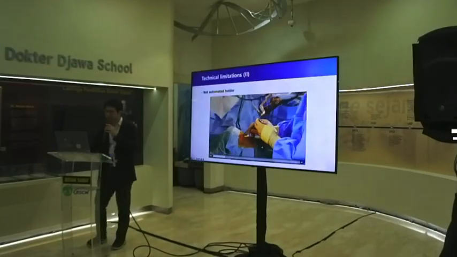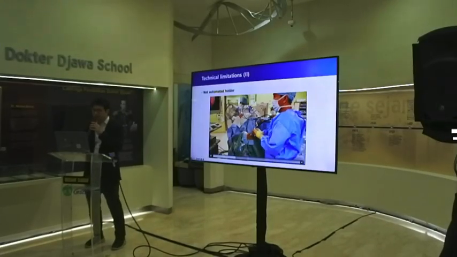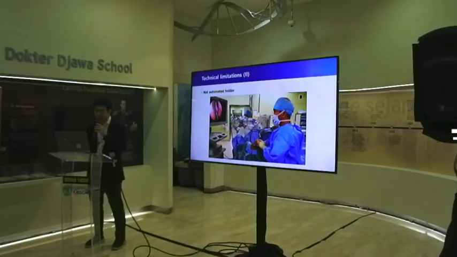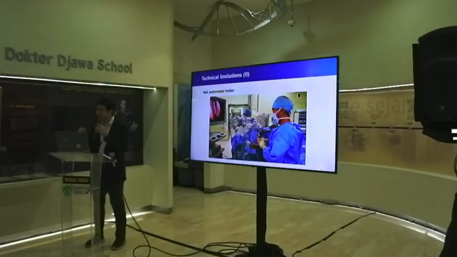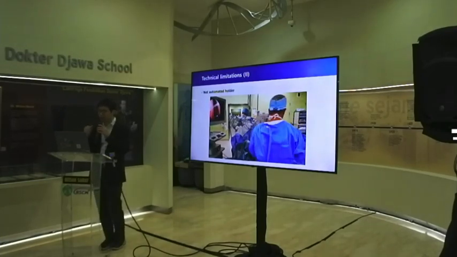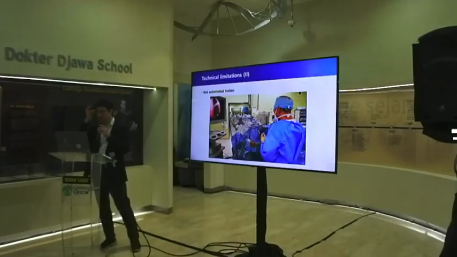Another limitation is the lack of an automated holder for the endoscope, meaning an assistant who holds the endoscope must manually hold it through the procedure. That's one kind of limitation. For microscope surgery, a surgeon can move the microscope by foot pedal, but in endoscopic surgery we cannot.